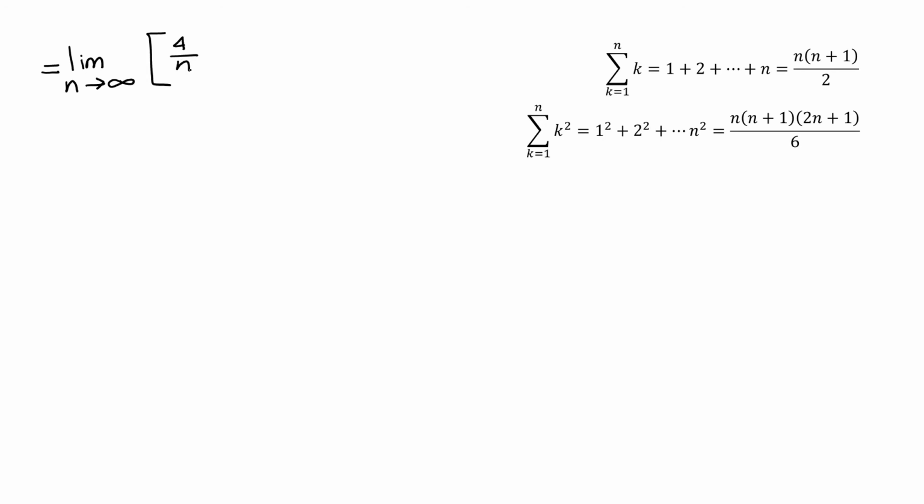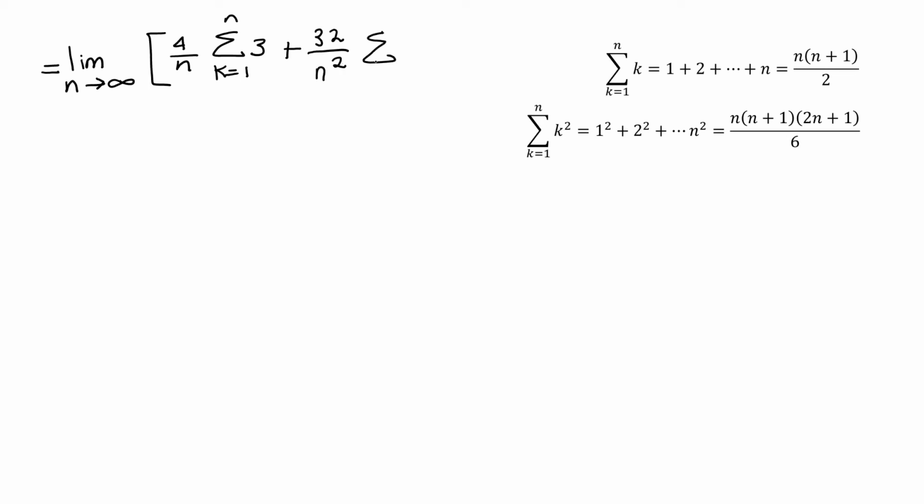4 over n stays outside of the summation symbol, and we have the summation as k goes from 1 to n of 3. 3 is a constant. Plus, let's multiply the 8 and the 4 together, so you have 32, divided by, there was an n in the denominator, 4 over n, and an n in the denominator for 8k over n, so we can have n squared.